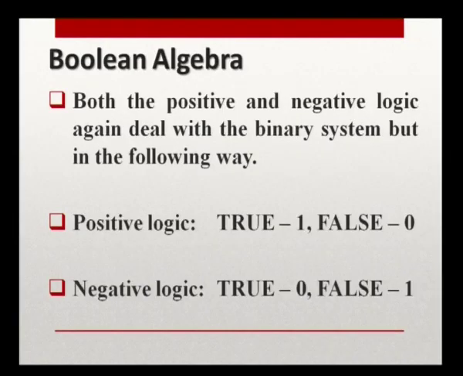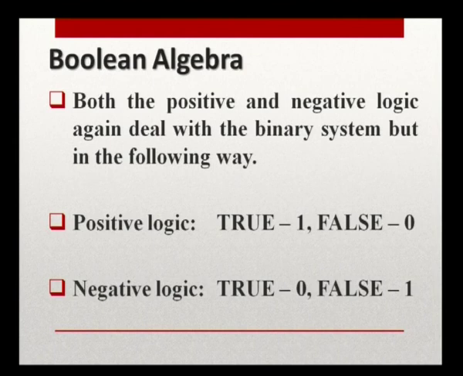So, it is not that we are supposed to act between a high value, which is a positive value, and 0 as a low value. There is no such restriction. We can operate the system between 0 and a negative value also. The negative value automatically takes the lower state. So, that is what is called the negative logic and the positive logic. So, let us see what it is further. Both the positive and negative logic again deal with the binary systems, but in the following way.